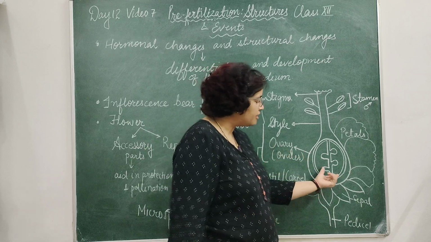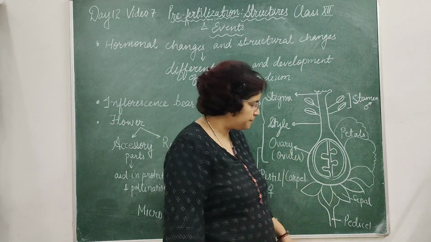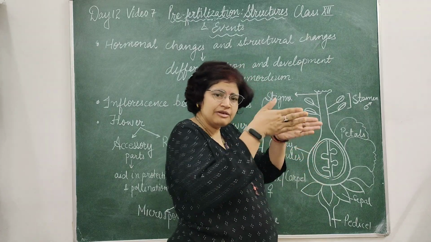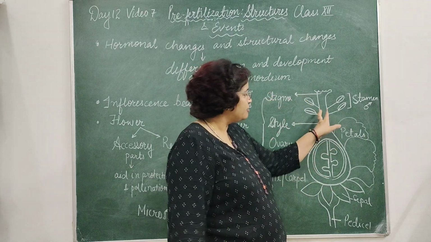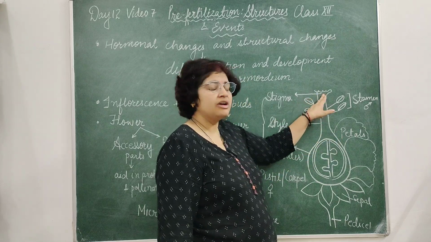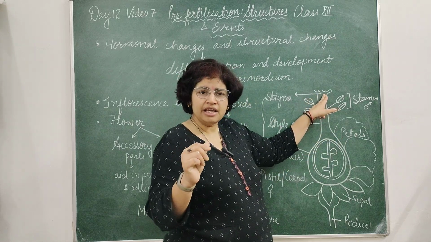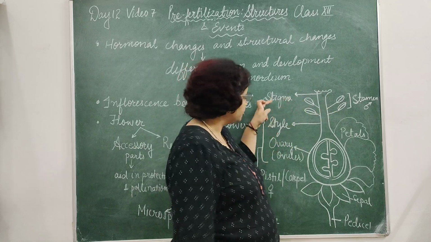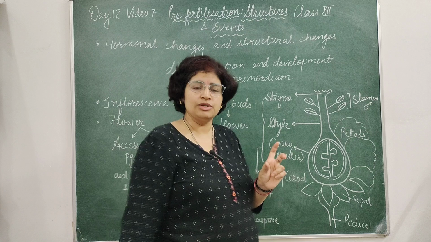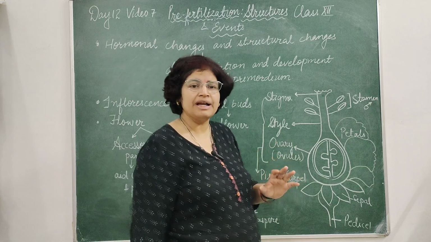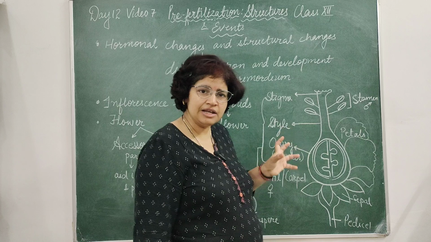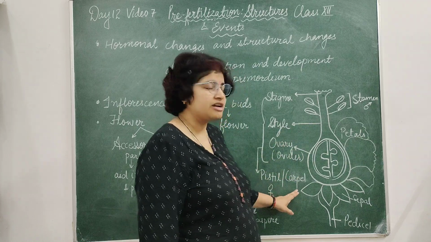Over that, the ovary of the flower is placed. When we move upward from the ovary, there is a slender part of the flower called the style, and at the tip we have the very sticky or receptive stigma. The ovary bears certain ovules, and inside the ovules the megaspore is formed. These three structures combined are called the pistil or carpel.